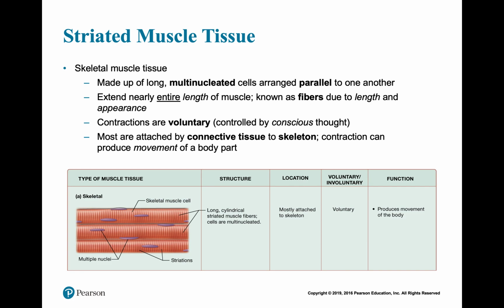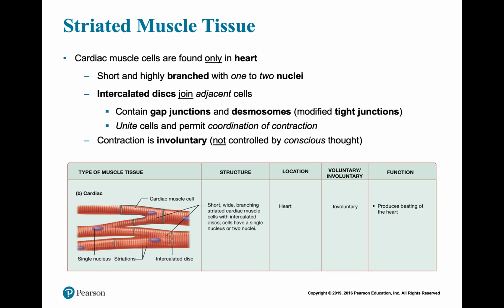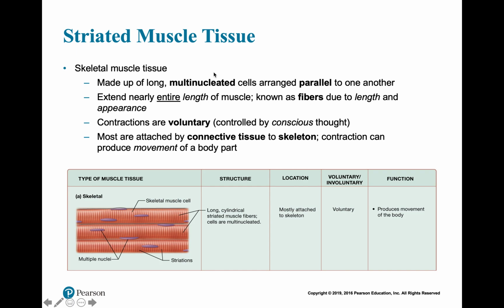You decided to do that. You had control over that deep breath in and that deep, long exhalation out. So your diaphragm has to be made up of skeletal muscle, or else you wouldn't be able to do that. All right? Okay, so skeletal muscle, voluntary.